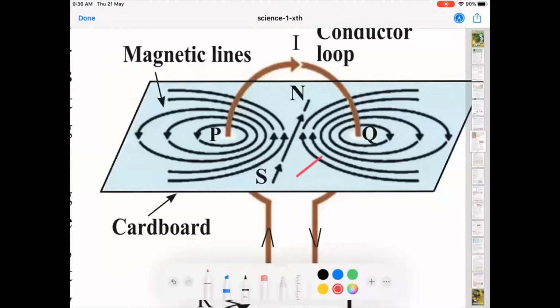So here you can see the magnetic lines of force are very close to each other because they are close to the wire, and in this region the magnetic lines of force are away from each other because the strength of the magnetic field is less. Just have a look at the diagram and try to analyze what I said.